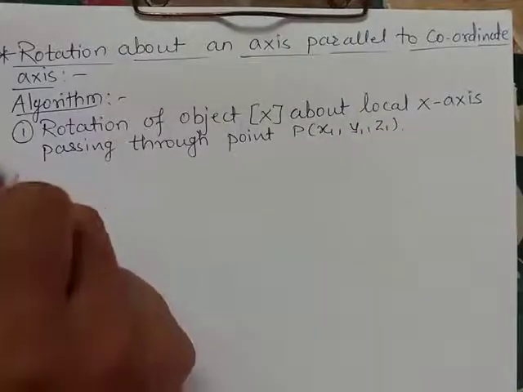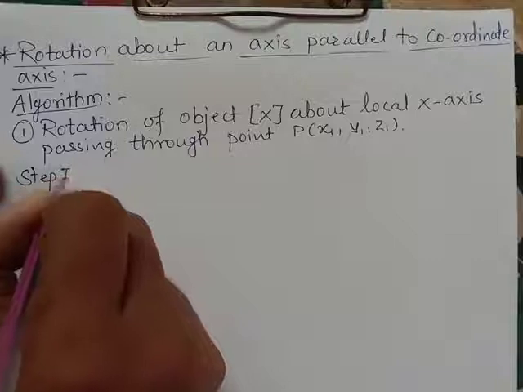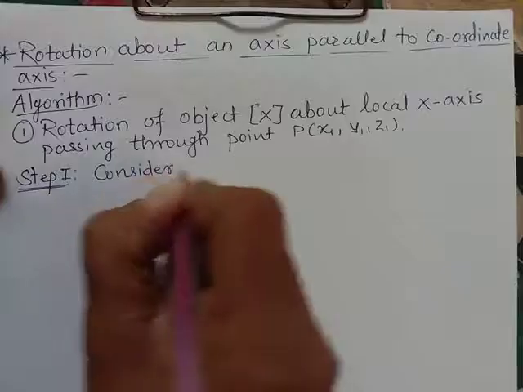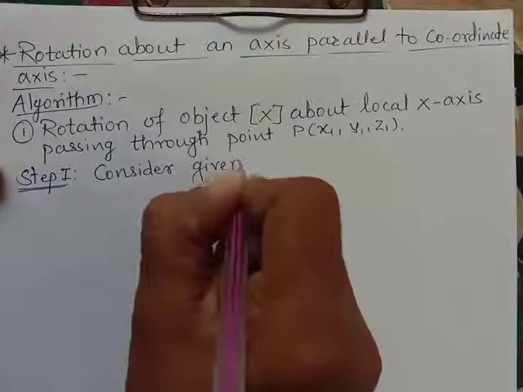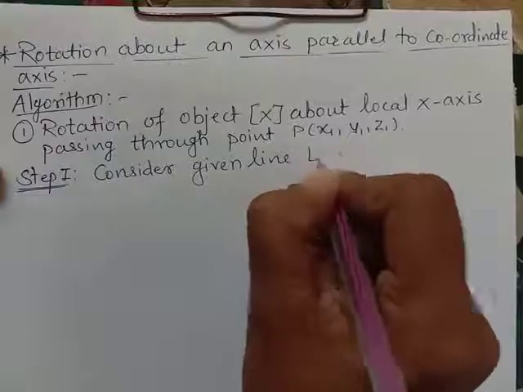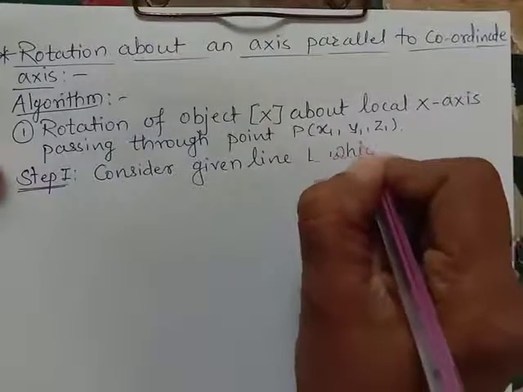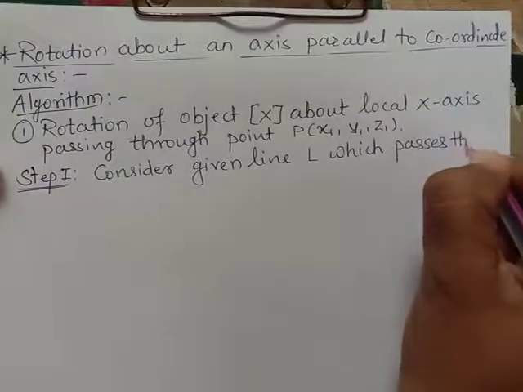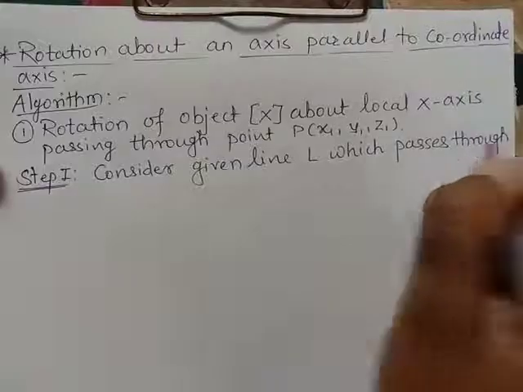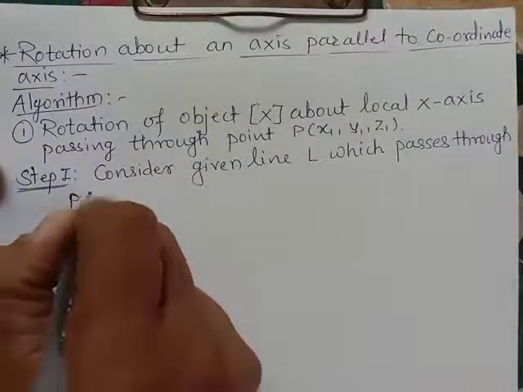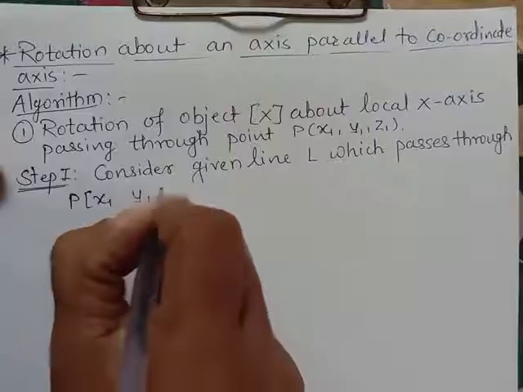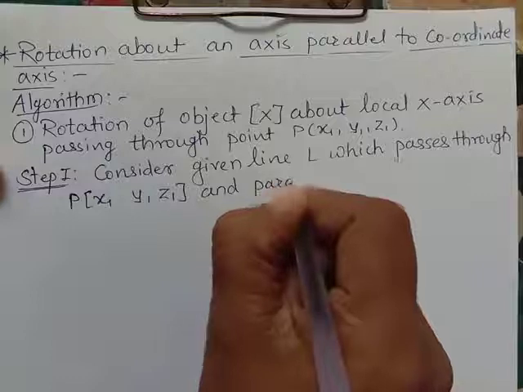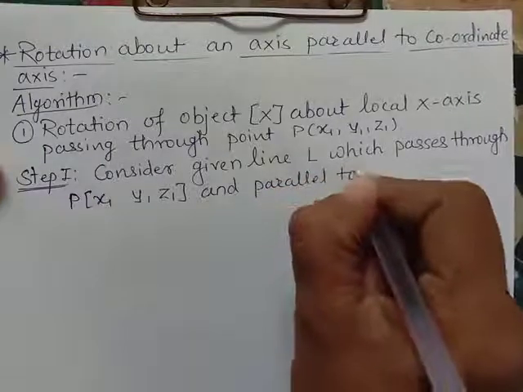Okay, now step 1. Consider a given line L which passes through P (x1, y1, z1) and is parallel to the x-axis.